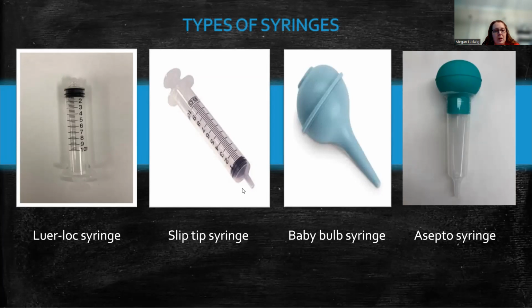So it's different than this next one. Look at the tip here. This is a slip tip syringe. There are no threads here at the end to lock a needle in place. The hypodermic needle just sits on top of it. So sometimes this is more used for things like vascular access. So if they're trying to put in an IV, they still have to have a needle, right? But once the needle is in place, wherever they need it, they can slide this syringe off of that needle, but leave the needle in place.